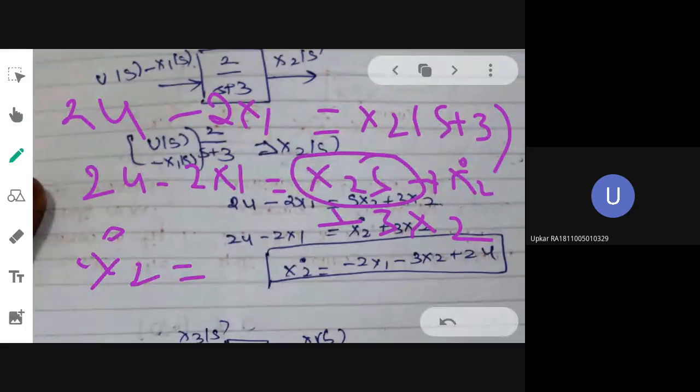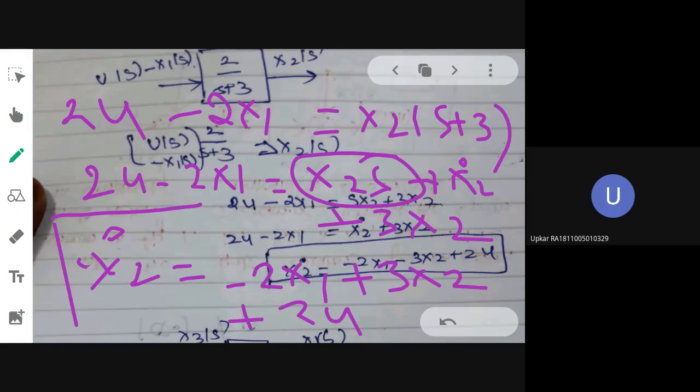So bring all the other terms to the other side. So what will be the formula? Okay, so this is one of the state equations, x2 dot, which is equivalent to minus 2x1 minus 3x2 plus 2u. U is the input. Understood?